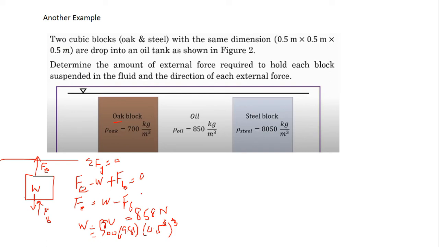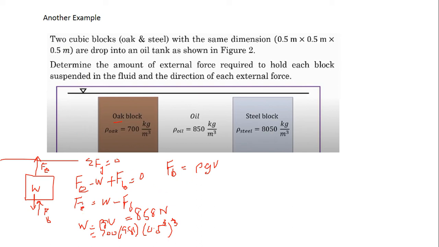And then you need to find FB. So what is FB? Rho GV. Okay, rho GV juga. Rho of what? Rho of water. Is it water? Oil. Oh, oil.